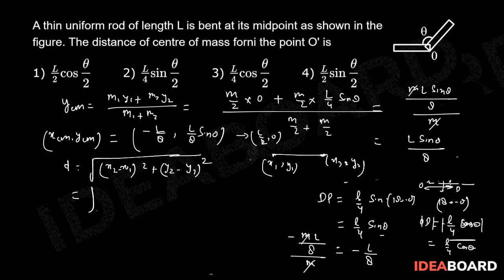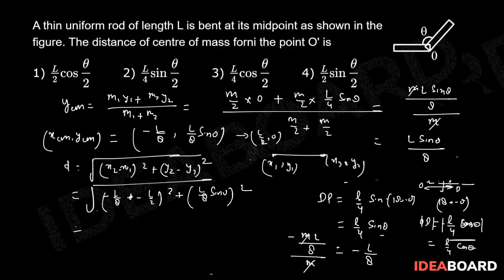So if you apply it here, you get minus L by 8 minus L by 2 squared plus L by 8 sin theta squared.